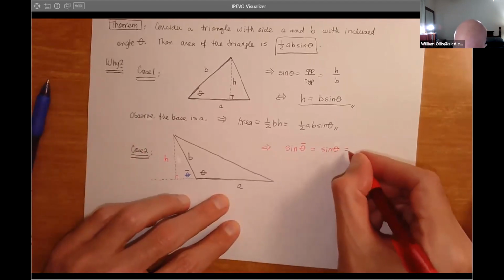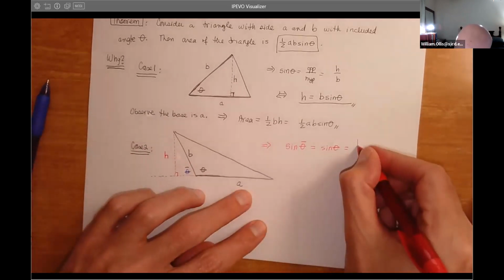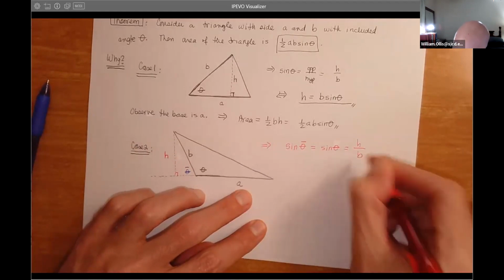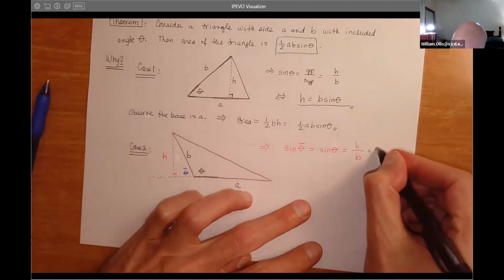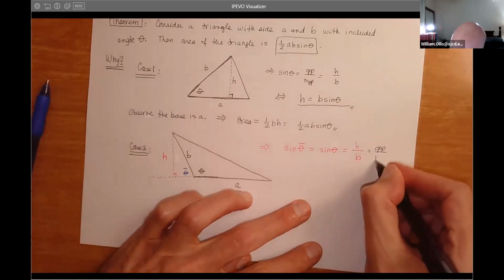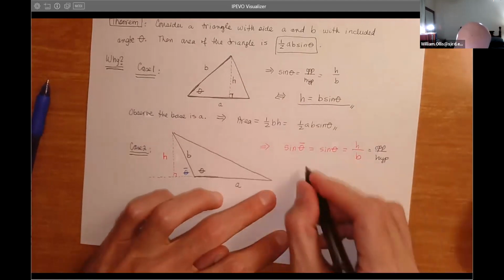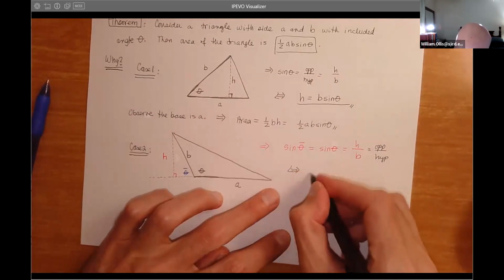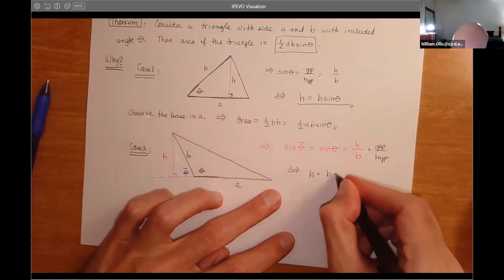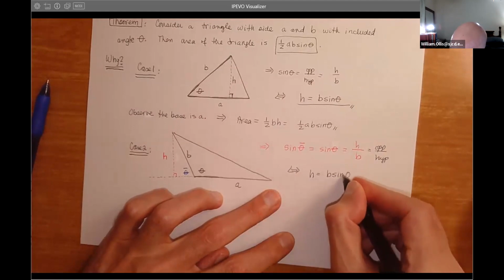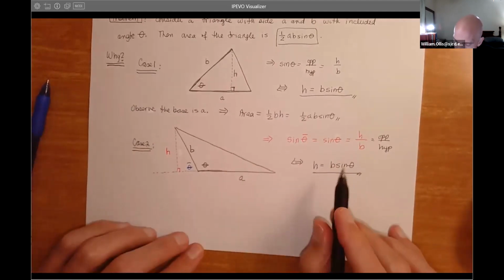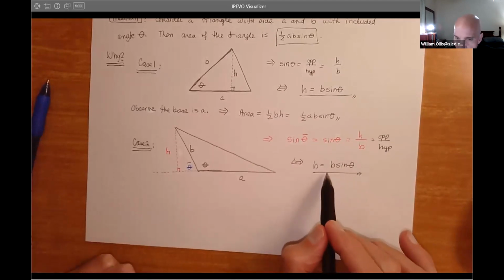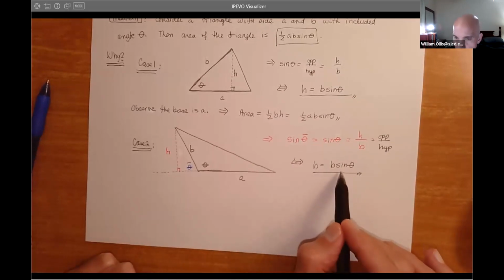This equals opposite over hypotenuse, H over B. So we've got the same construction as we have here. So I'll go ahead and write this in, opposite over hypotenuse. So now equivalently, H equals B sine theta. So now it's the same thing. So we're done. So we just had to show that we could still get the height in this form.